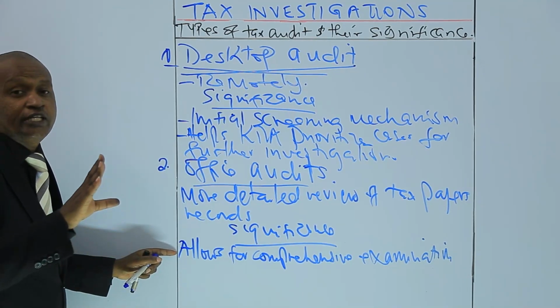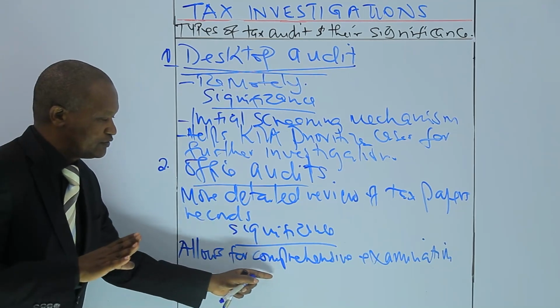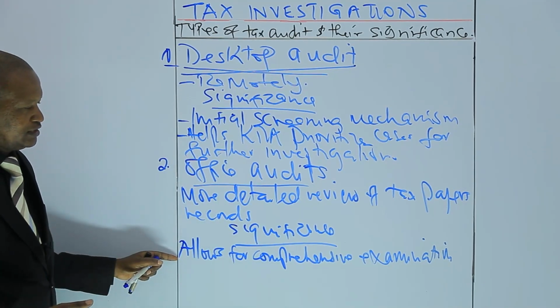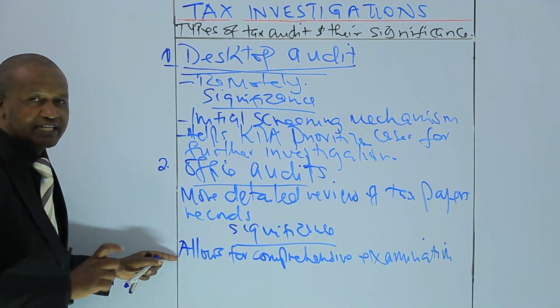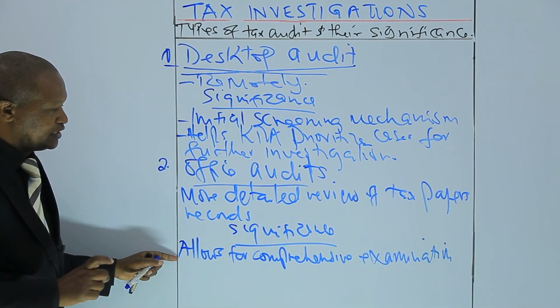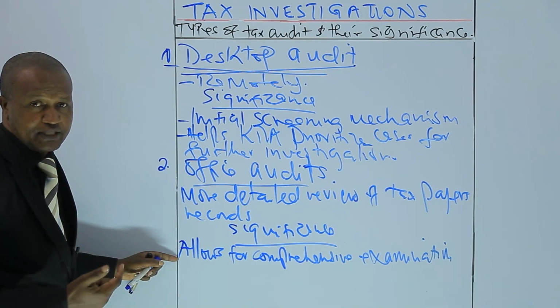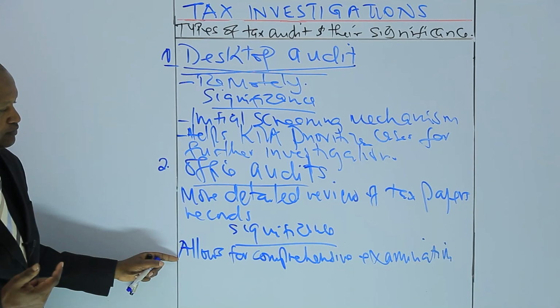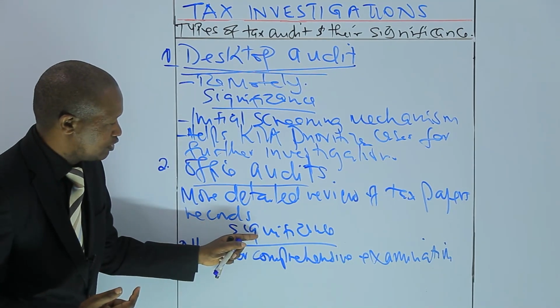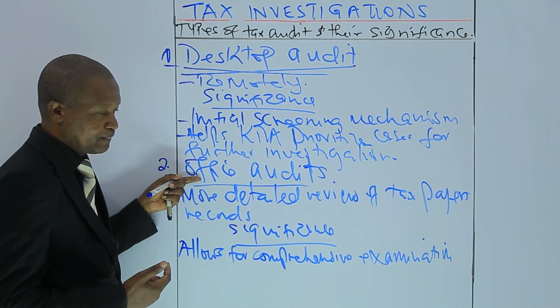It's more comprehensive. If it is more comprehensive, then obviously KRA will have a clear understanding of the tax practices of the taxpayer. That's the significance of an office audit.